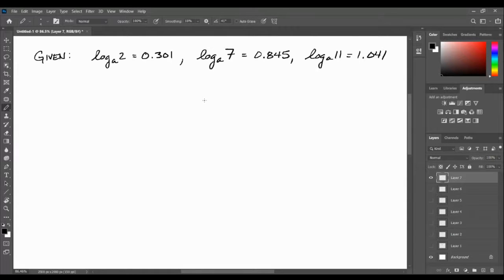And then they'll ask us to find, say, log base A of 14. If these things are true, then I can use those to find this, because 14 is 7 times 2, and I have the log of 7 and the log of 2.